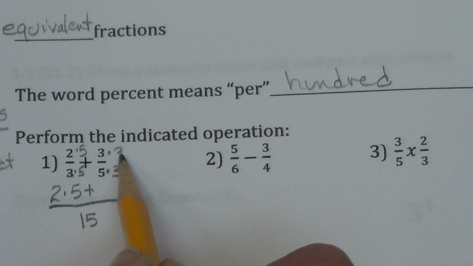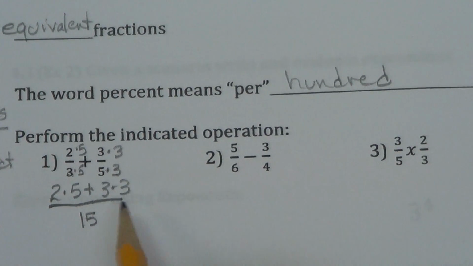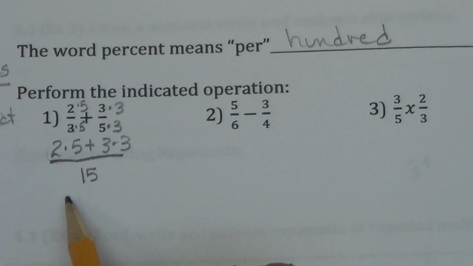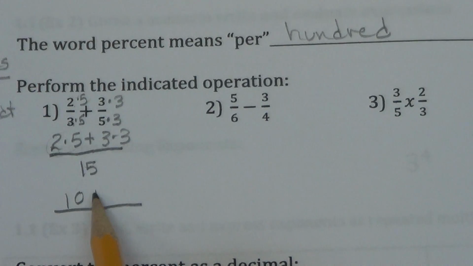So 3 times 3. The most common error with fractions is that you will forget to convert your top number with what you've multiplied your bottom number by. So 2 times 5 is 10. 3 times 3 is 9.